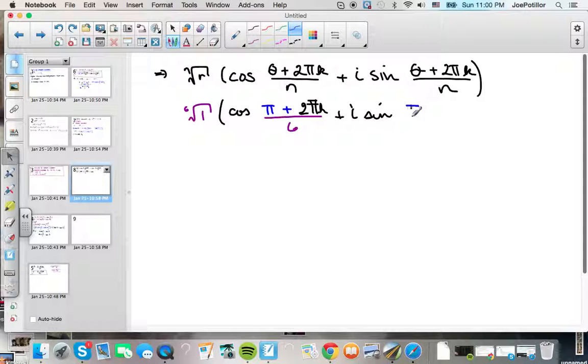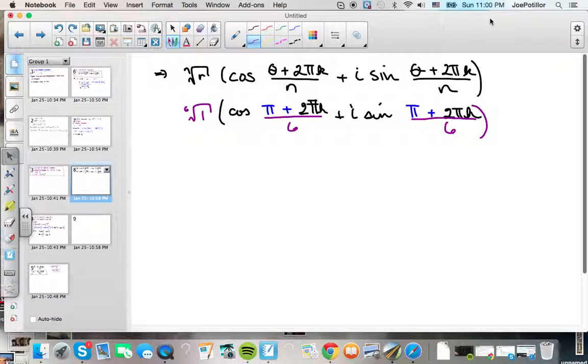And of course, I sine of pi plus 2 pi k divided by 6.